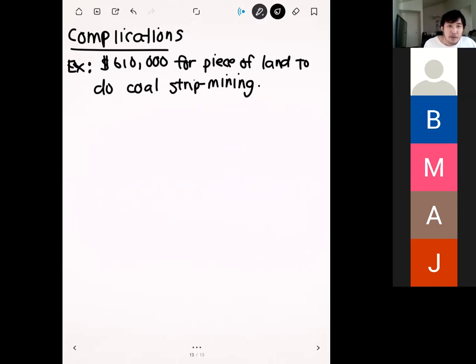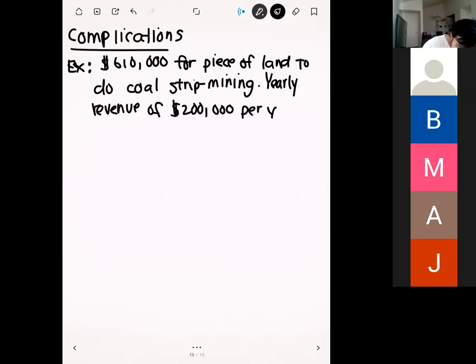year on this land for 10 years. So we're going to have a yearly revenue of $200,000 per year, and this is going to last for 10 years.